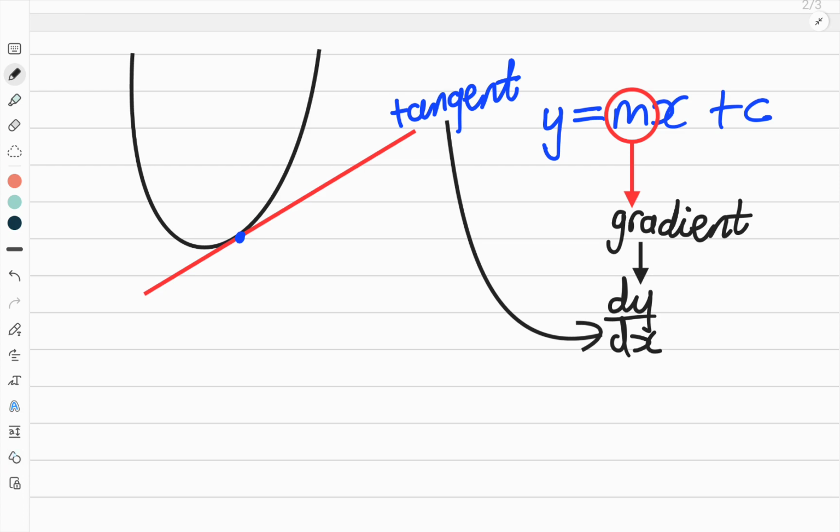Okay. So whatever gradient you get from dy dx belongs to the tangent. All right. Moving on, we are also going to talk about the normal. The normal, that's another line that we have to talk about.